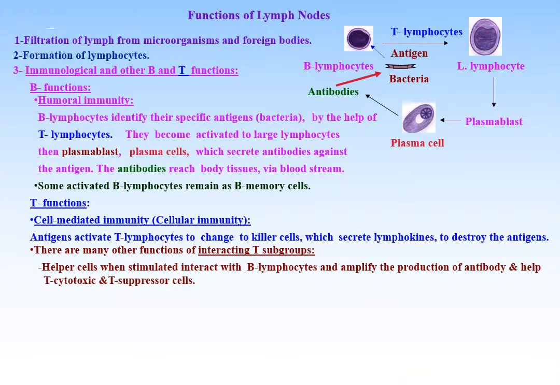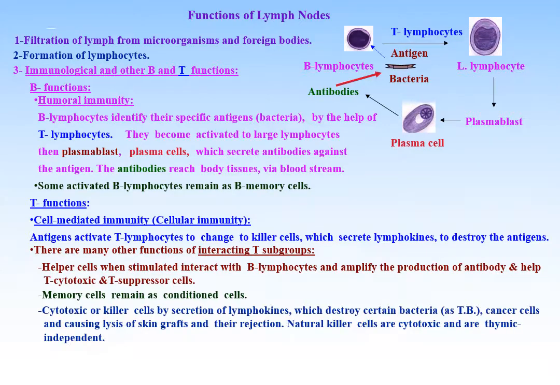Helper cells, when stimulated, interact with B lymphocytes and amplify the production of antibody and help T cytotoxic and T suppressor cells. Memory cells remain as conditioned cells.